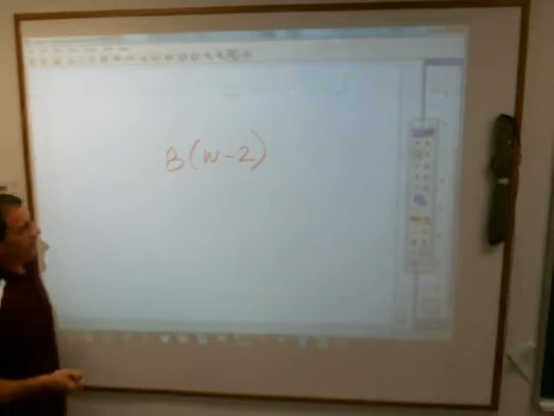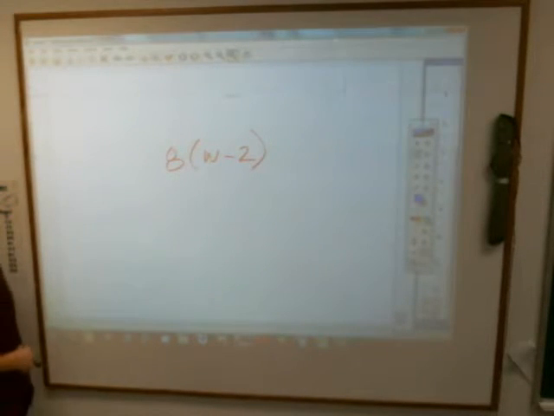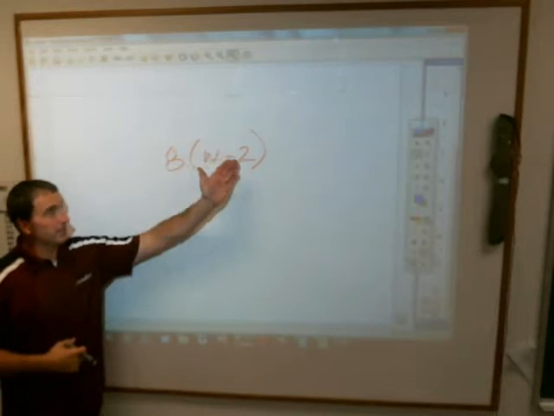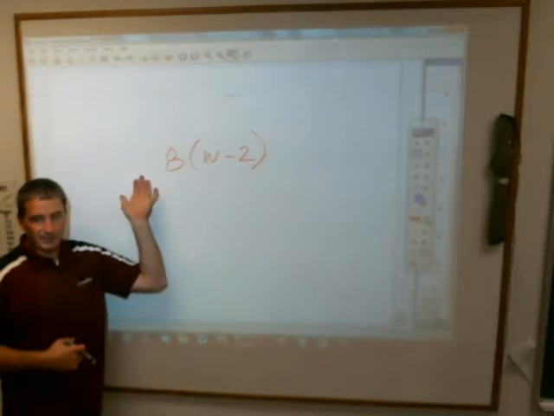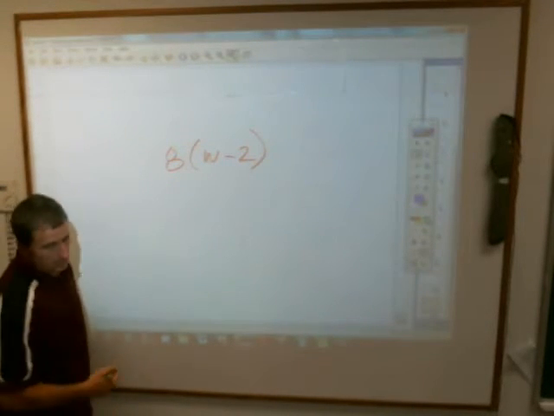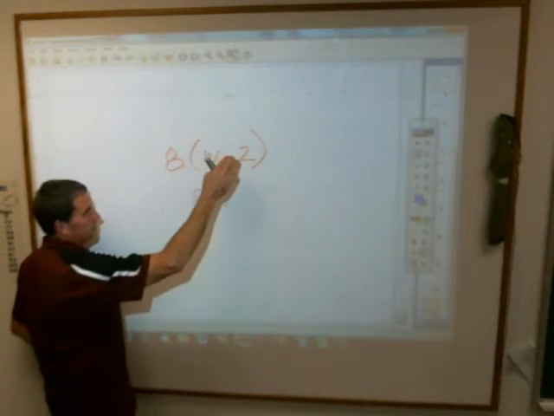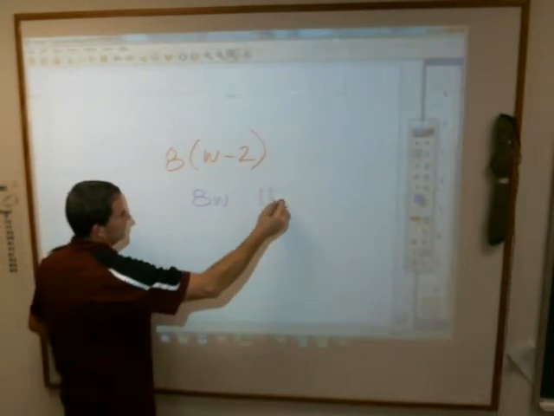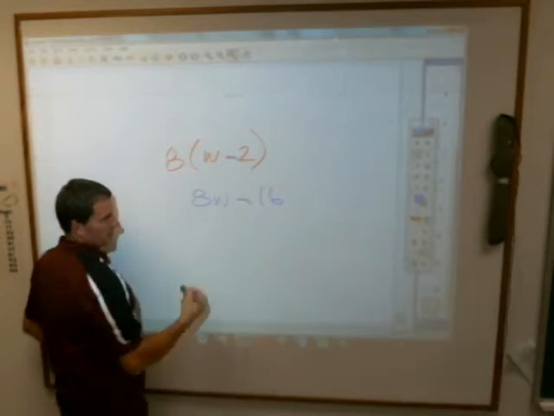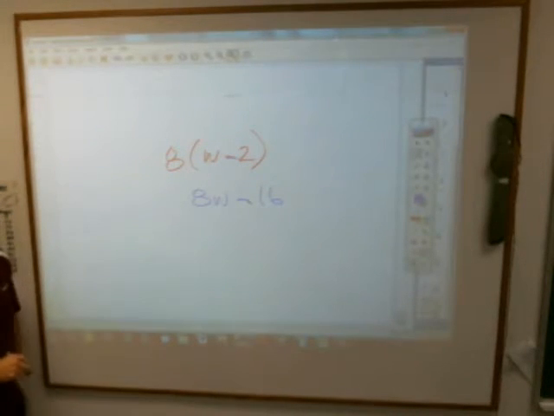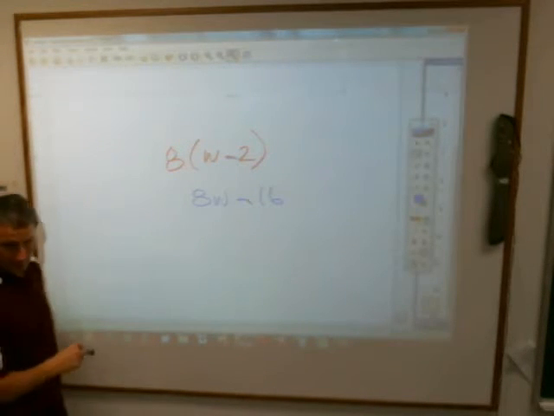The light switch is either on or off, there's no complicated math things. 8 is going to get multiplied by both these things inside the parenthesis. What is 8 times w? 8w. Yep, you can't do anything with it but put 8 next to the w, and then what's 8 times 2? 16, and this is a minus, so this has to be a minus. How many people got that?